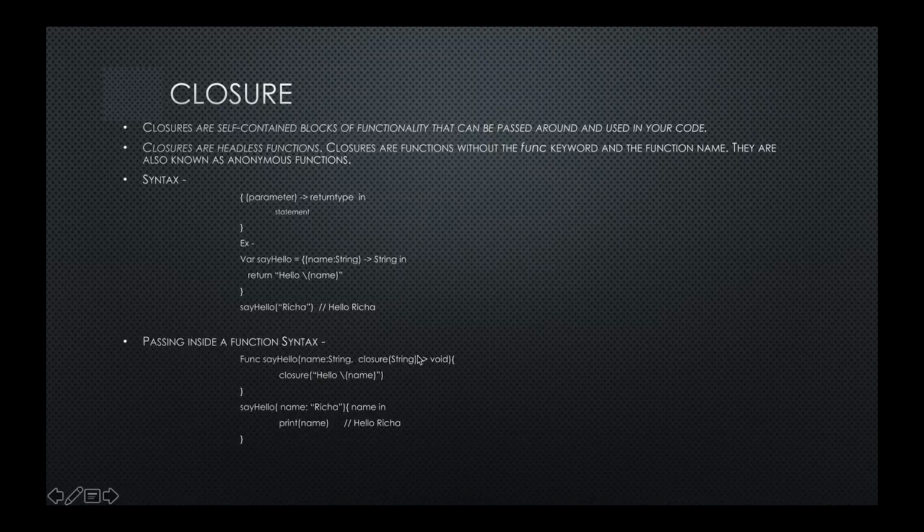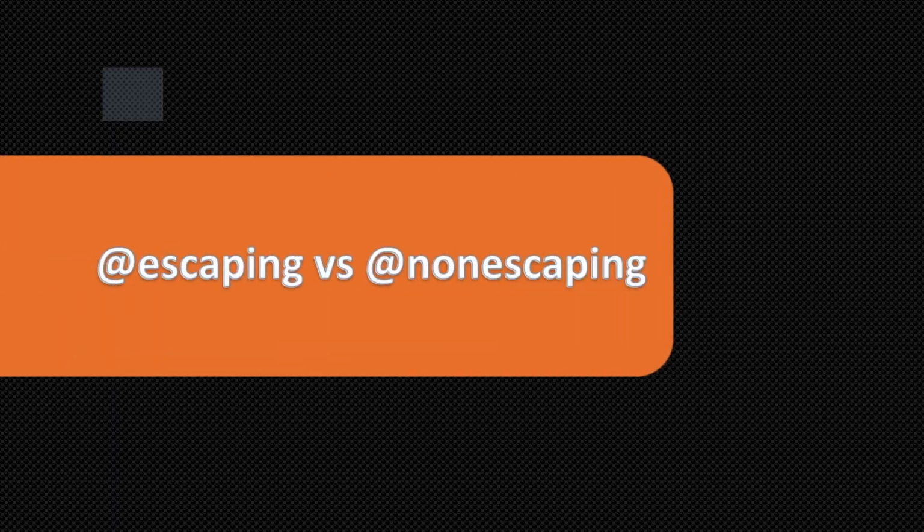It's a function parameter, a function without a head or func keyword, which is called a closure, right? So closure String and then return type Void, and then our curly braces, and in that I can call this closure function with this name closureHello, and then I can return the name. So this is how you write it inside the function.